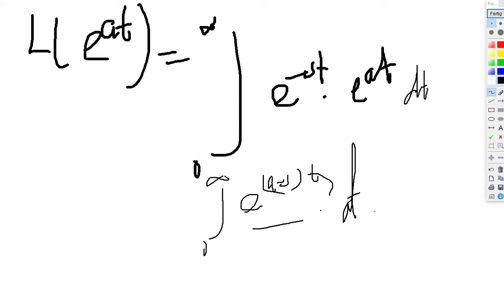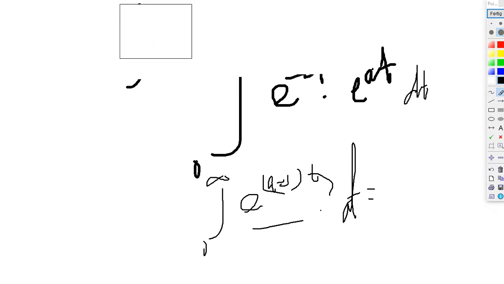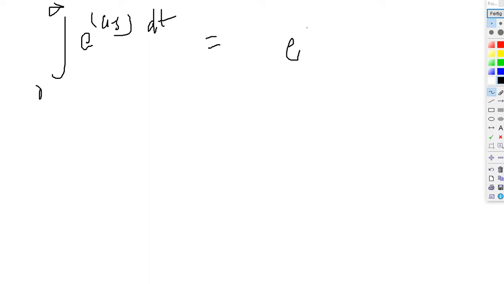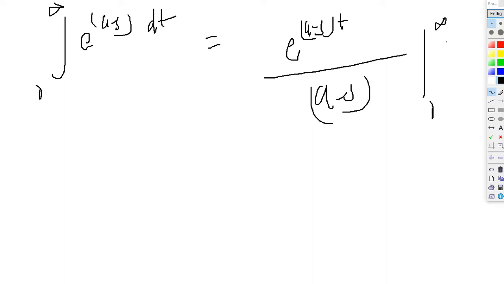Now we do the integration of e to the power (a minus s)t dt. The integration of e to the power (a minus s)t is e to the power (a minus s)t divided by a minus s, where a minus s is a constant, from the limit 0 to infinity.